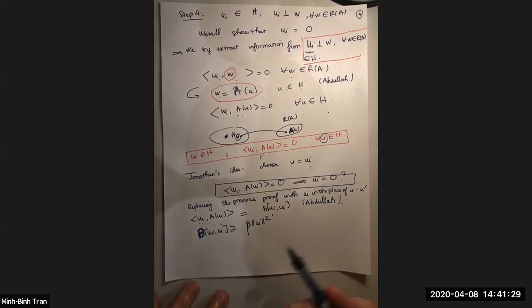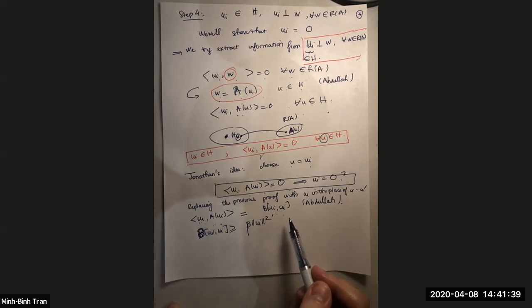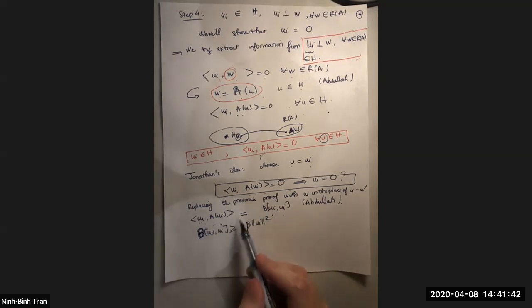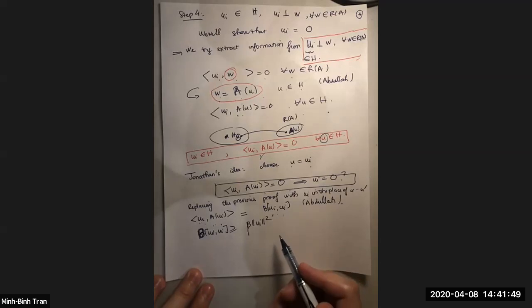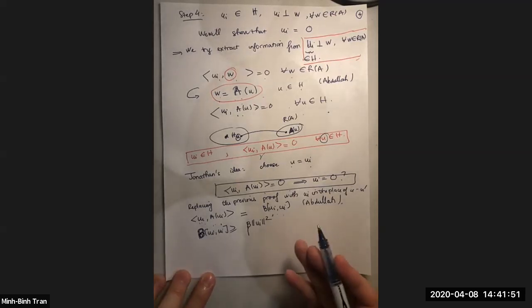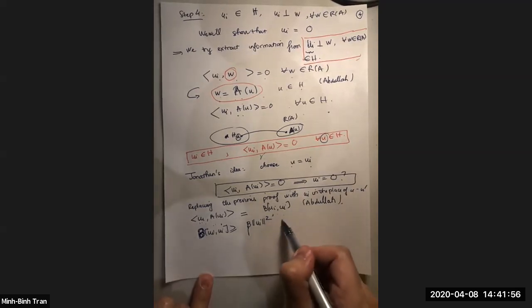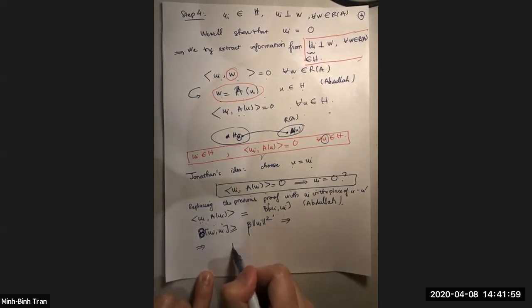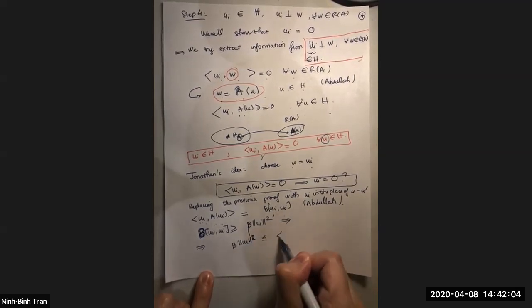According to Abdullah, you go back to the definition of A, so ⟨u_i, Au_i⟩ will be B(u_i, u_i). This is clear. But this B(u_i, u_i) is bigger than beta ||u_i||^2 because he was using the coercivity, which means that you have beta ||u_i||^2 is going to be smaller than ⟨u_i, Au_i⟩.